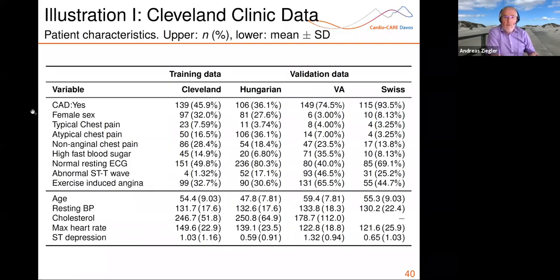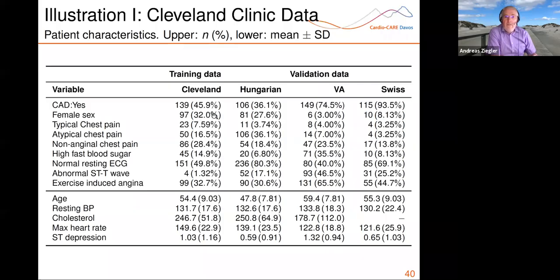We don't need to look at these tables in greater detail, but what you can see is that in the training data, we have about 46% subjects with a coronary artery disease as determined by coronary angiography. And you can see there's a substantial difference in the validation data. When you look at the age distribution, it's 54 mean age in the Cleveland Clinic data, and we have some variability here in the validation data.